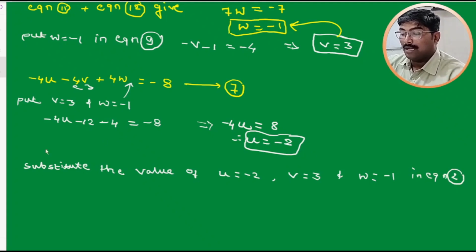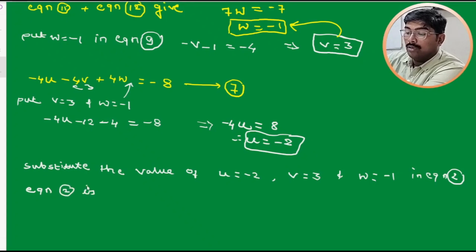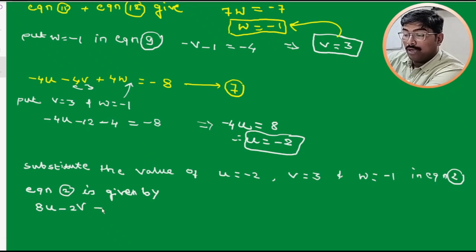So, we will write here equation number 2. Equation 2 is given by 8u minus 2v plus 4w plus d is equal to minus 21.